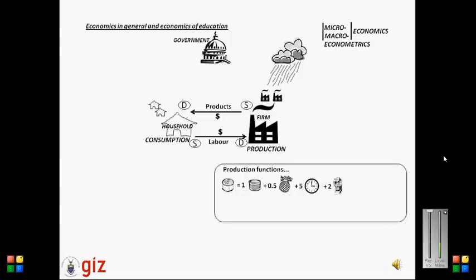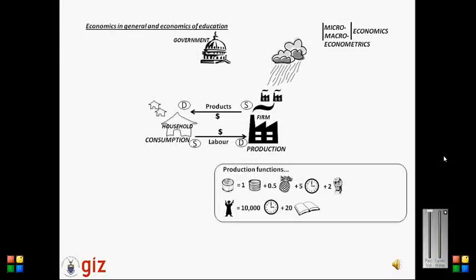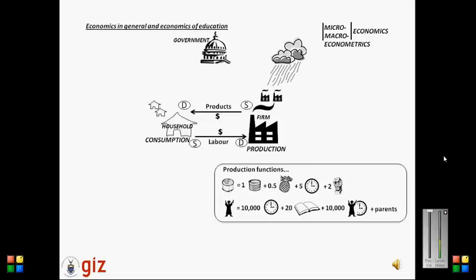In education, the production function would be something like a grade 12 graduate equals the inputs of 10,000 hours of the time of many different teachers, plus the presence of 20 textbooks, plus another 10,000 hours of the pupil's own time spent on learning, plus the level of education of the parents.